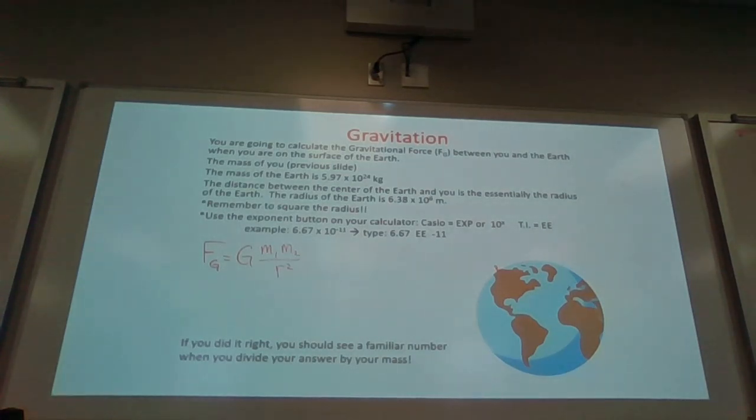Okay? What is, so the distance of, so R is the distance of separation between the centers of mass of the Earth and you. How would you go about finding that one?